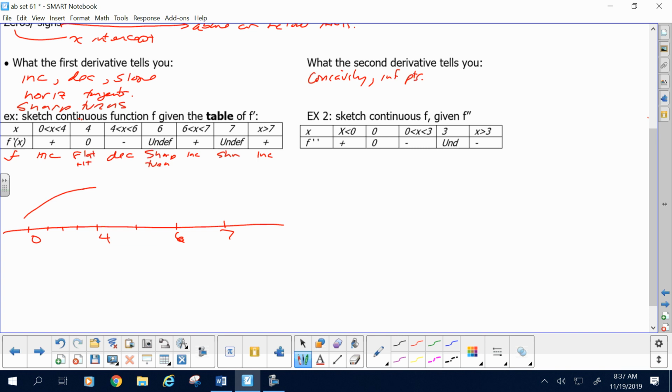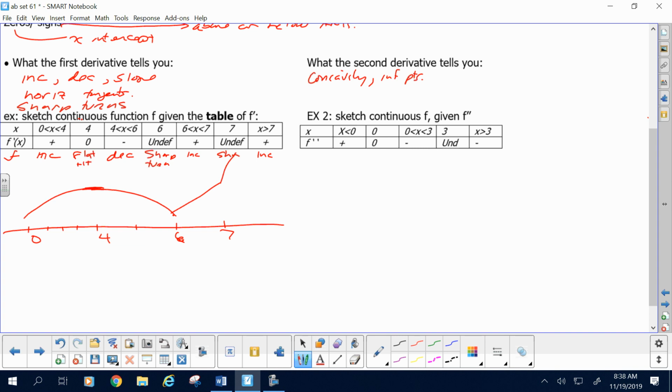Then it goes flat. Now it's going to decrease to a sharp turn. Increasing to a sharp turn and then increasing. So how should I do that? Go up. Like, how about just like that? That's a corner. Do you agree that's a sharp turn? All right, something like that.